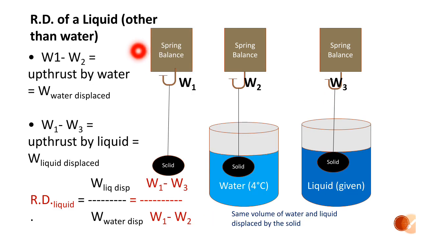So here the relative density of a liquid is to be determined, and this liquid is other than water, because for water we know that relative density is 1. So now see, first here W1 minus W2 is the upthrust by water, that means the loss in weight, which is equal to the water displaced.